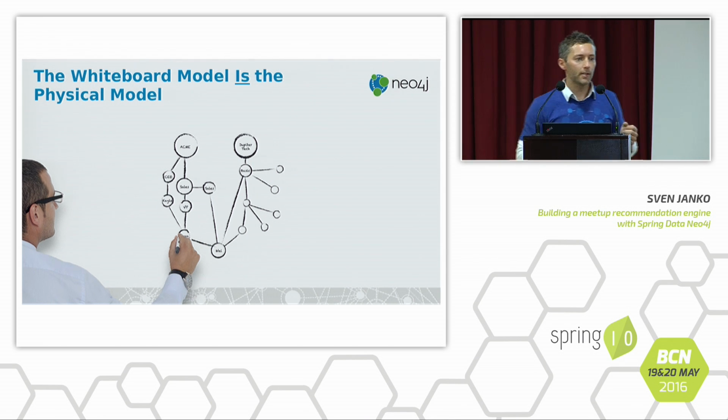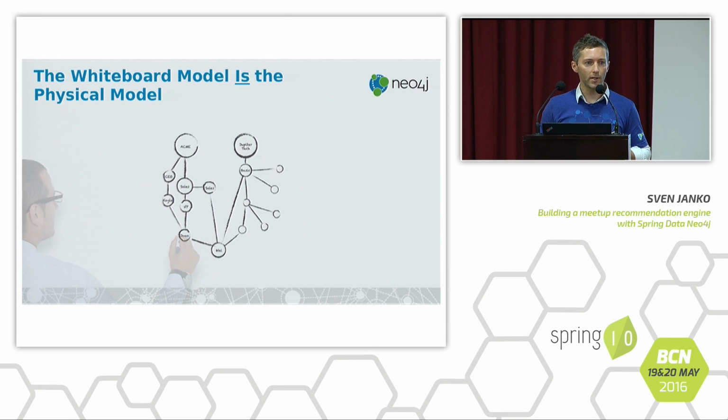So let's see how we can evolve a simple model for using it in a graph database. The first thing we would usually do is go to the whiteboard and draw some nodes and connections between those nodes. And we will see then that this actually is your physical model.